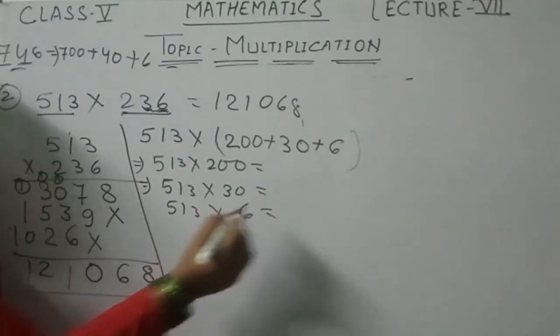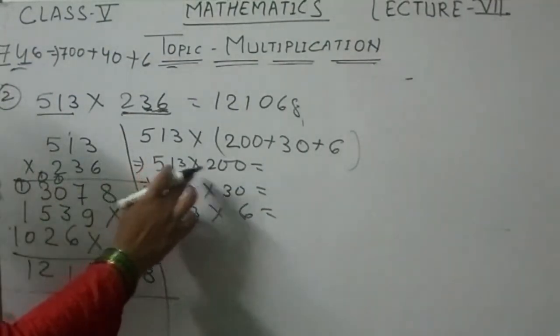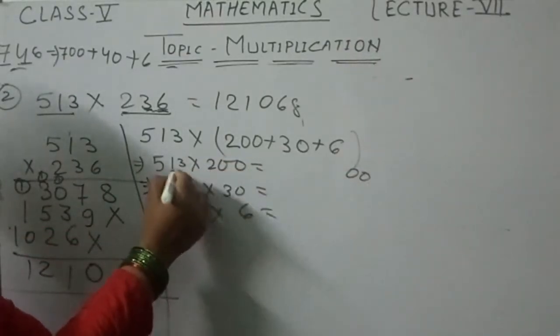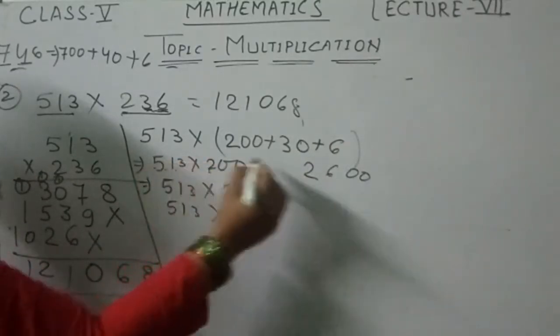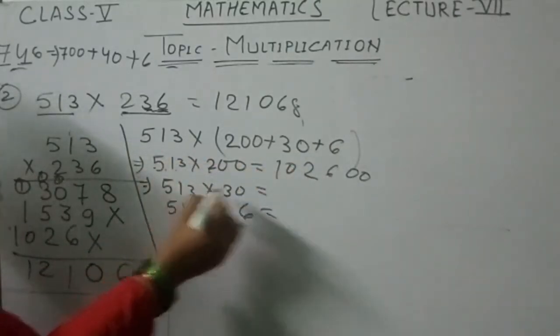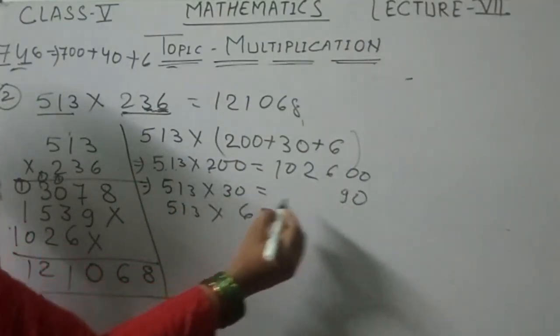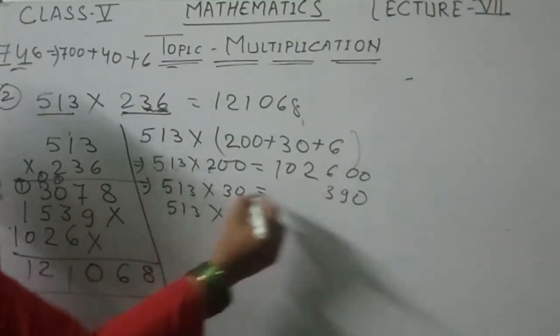After multiplying 513, first two zeros you have to write, and multiply: 2 3s are 6, 2 1s are 2, 2 5s are 10. Now here 1 zero put, and then 3 3s are 9, 3 1s are 3, and 3 5s are 15.